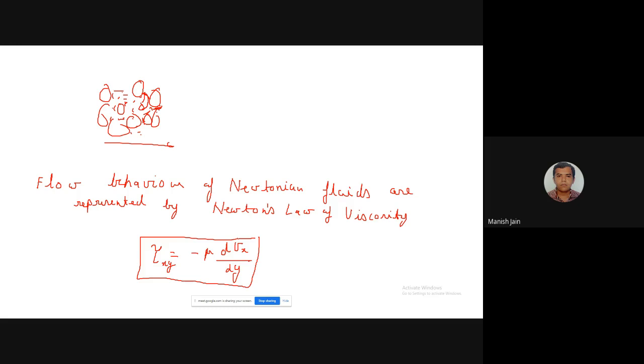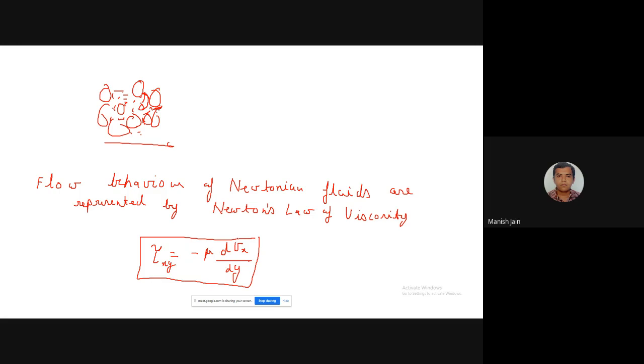Now, similar to this equation, we have to develop mathematical models for non-Newtonian fluids also, because for non-Newtonian fluids too, when you design equipment, a pump or a pipeline, you need some mathematical model which correlates the shear stress and shear rate. Then only can you calculate, when you apply a force, what the velocities will be.